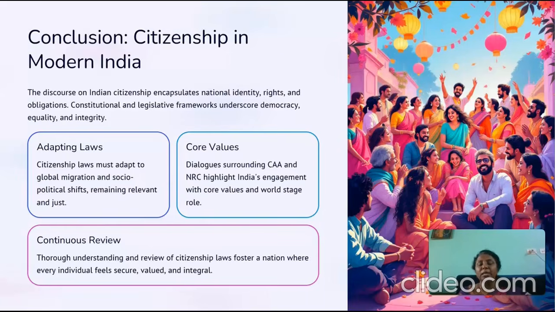The dialogue surrounding the CAA and NRC highlights India's engagement with core values and world stage values. So we have to continuously understand and review the citizenship laws according to the need of the hour, and foster a nation where every individual feels secure, valued and integral. Thank you.